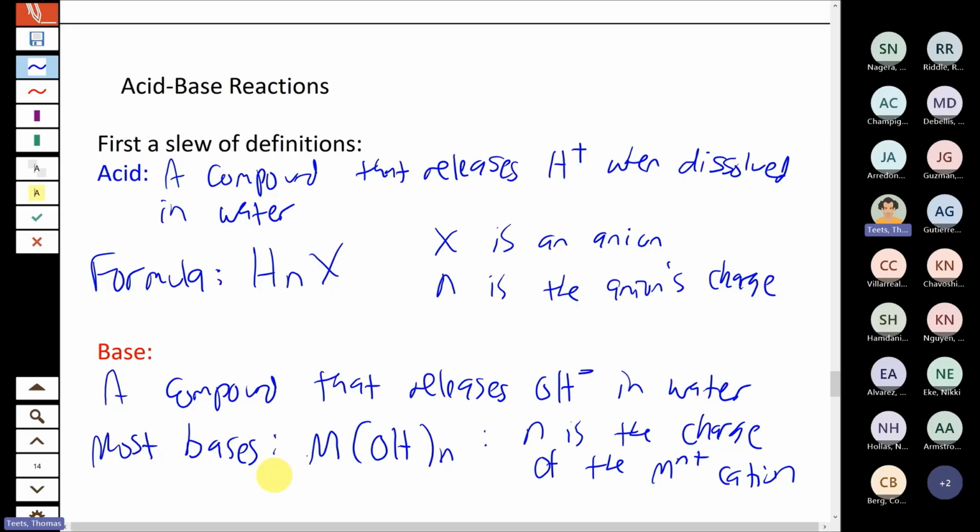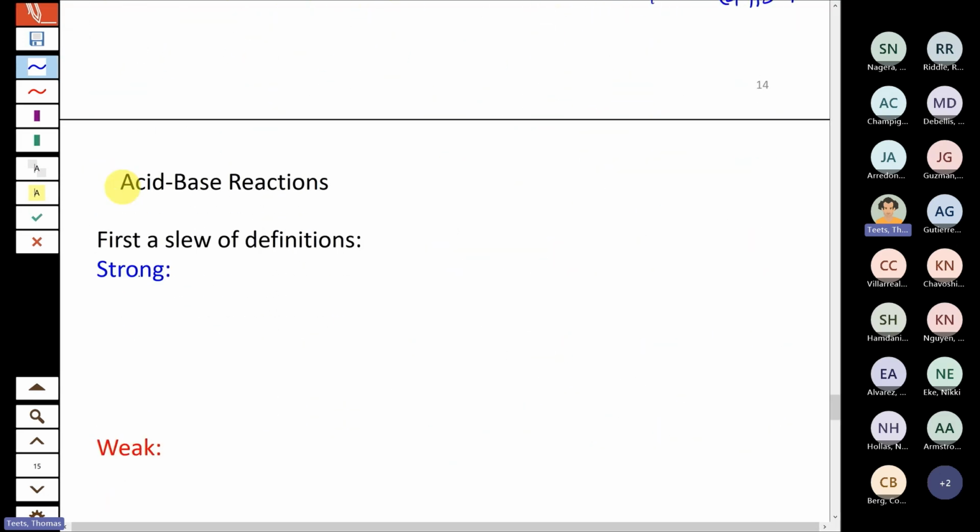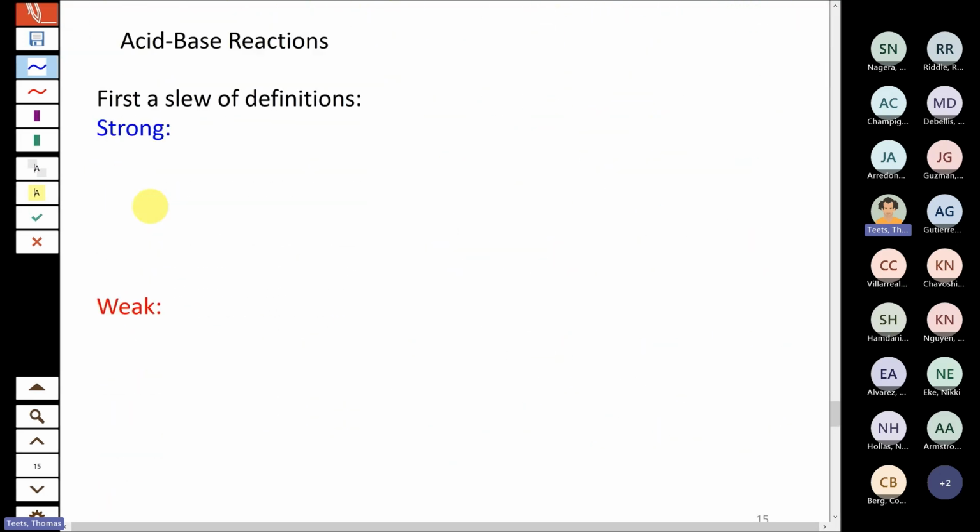But that's what acids and bases kind of look like, and that's a little bit about what happens when you dissolve them in water. Now, we also need to then consider the distinction in some cases between strong acids and bases and weak acids and bases. So if an acid or base is classified as strong, that would also mean that it is a strong electrolyte if it's in a solution, and that means it separates completely into its ions when it's dissolved.